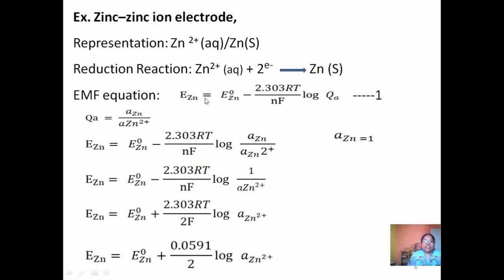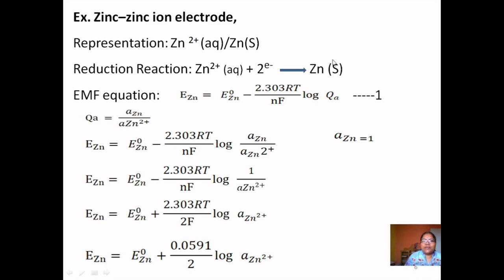So E_Zn, that is at the bottom, the name of the electrode we have to write. Then E0_Zn, the remaining part is the same. Then as per this reaction, we have to write the reaction quotient: activity of zinc divided by activity of zinc ion.